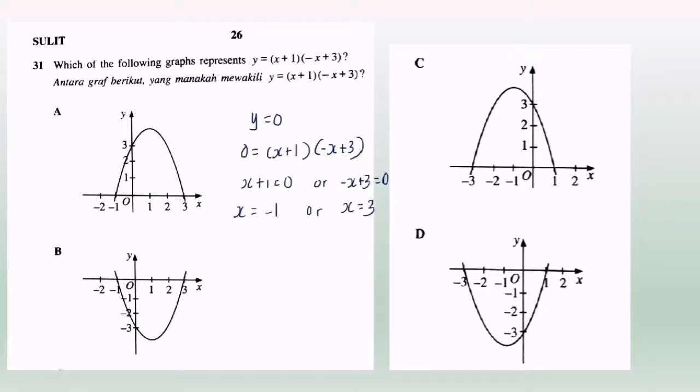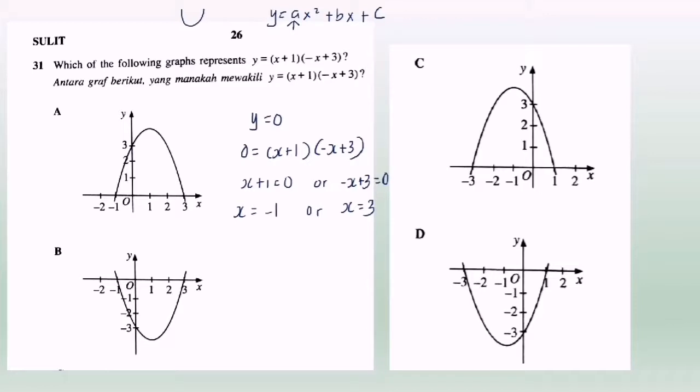Another thing for this quadratic function: we need to check whether the x squared term is positive or negative. The general form for a quadratic function is y equals ax squared plus bx plus c. If a is positive, the graph has a minimum point.